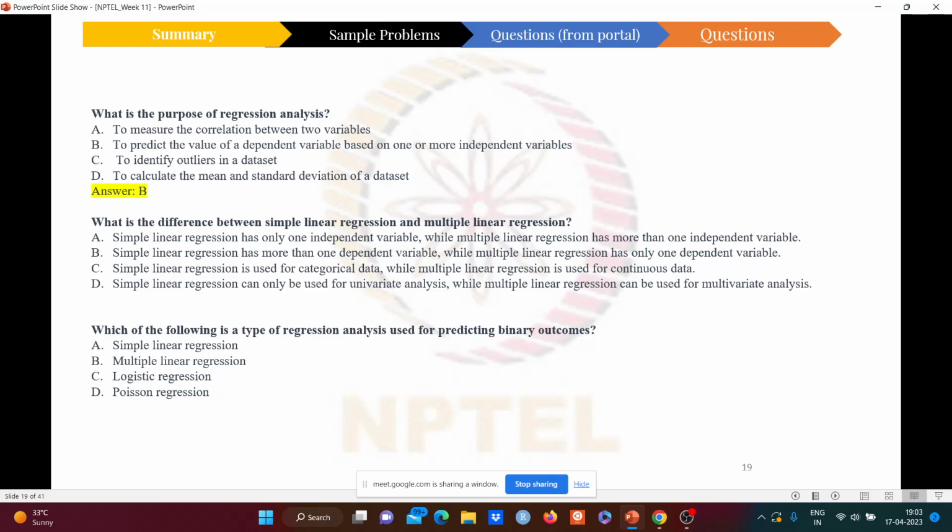Second one is, what is the difference between simple linear regression and multiple linear regression?